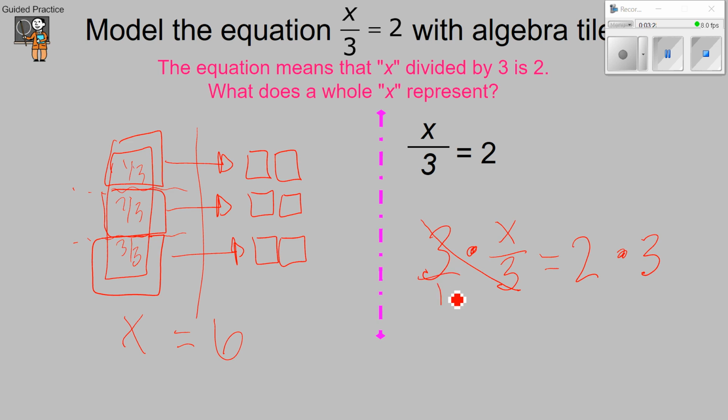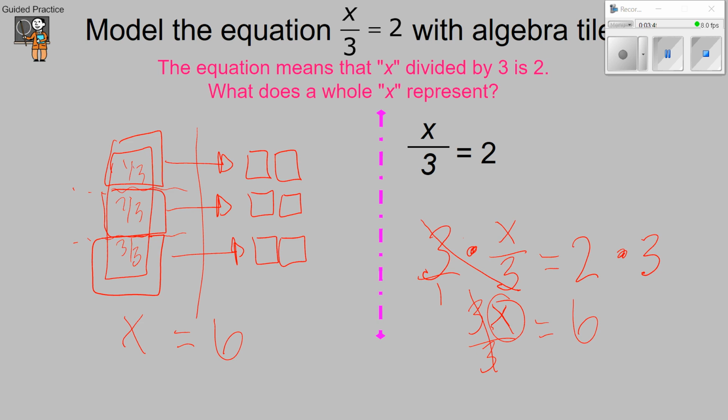Because if you think about it, 3 times x over 3, these go away, and it leaves me x, because 3 divided by 3 is 1, so I'm left with 1x. And over here I have 2 times 3. Well, 2 times 3 is 6. So that leaves me with my x equaling 6.